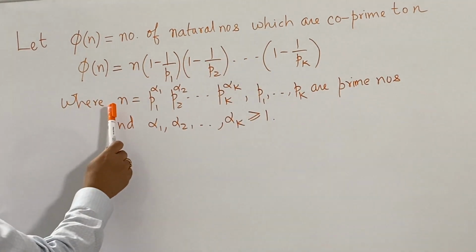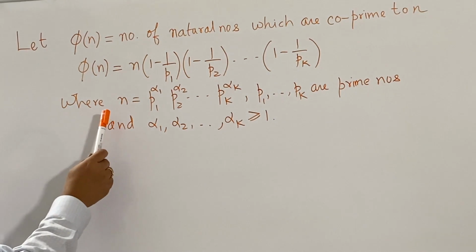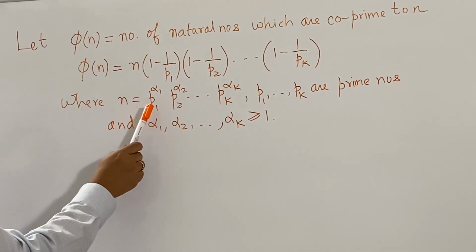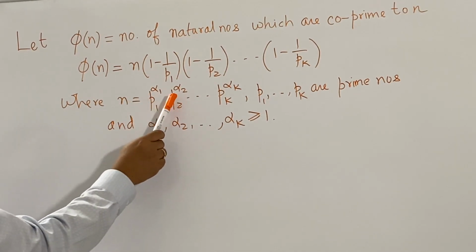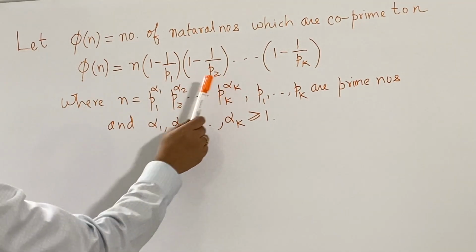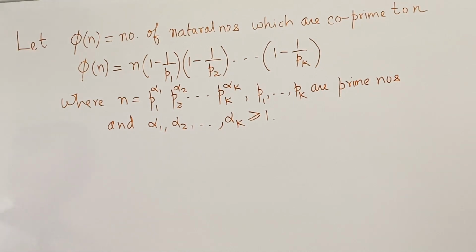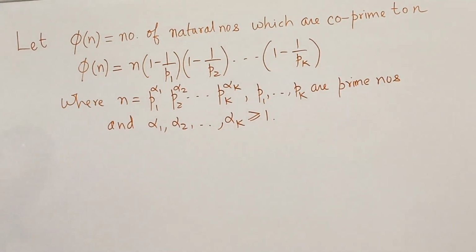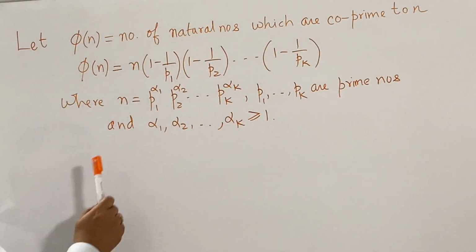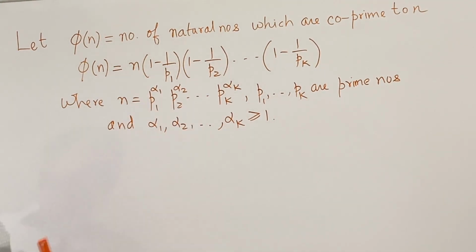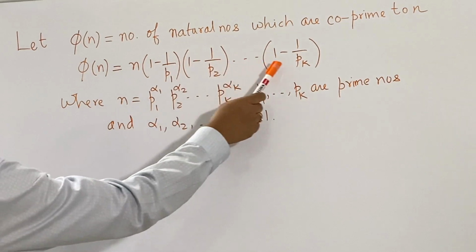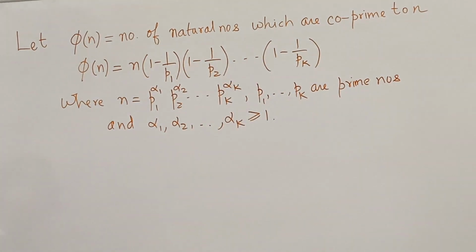By the fundamental theorem of arithmetic, we know that every natural number n can be written as p1 to the power alpha 1, p2 to the power alpha 2, into pk to the power alpha k, where these p1, p2, pk are prime numbers. And also we know that p1, p2, pk are unique except for permutations. So the p1, p2, pk get into this formula in this particular form.